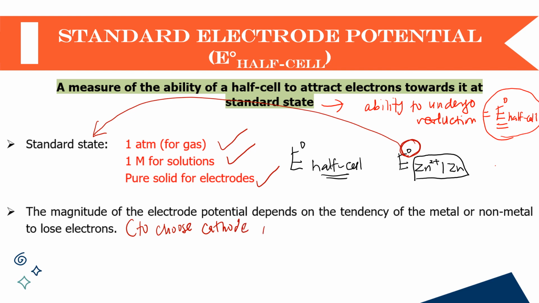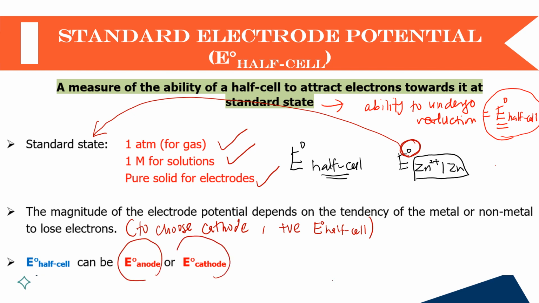The more positive, or the bigger, E0 half cell will be the cathode, because it has more ability to undergo the reduction process easily.